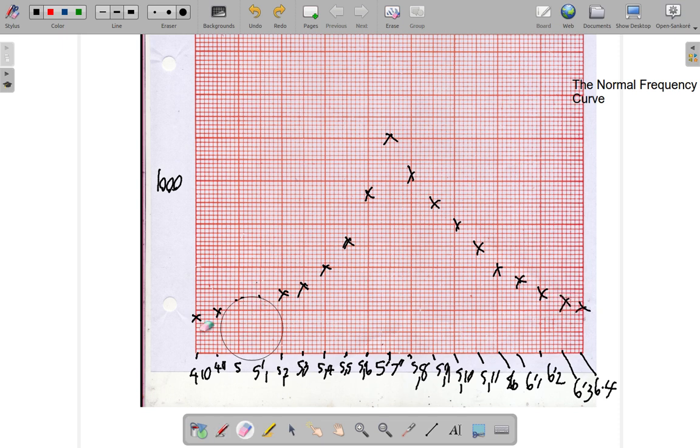Alright, just for argument's sake, we have this curve, and then we have these dots or these markings or plottings, and we draw a curve like that. Alright, you get the general shape of a normal curve. Far from perfect, but you get the idea.